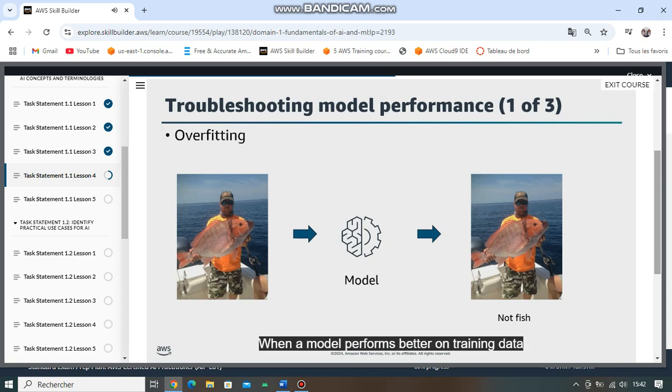When a model performs better on training data than it does on new data, it is called overfitting, and it is said that the model does not generalize well. The model fits the training data too well. So when it sees something slightly different, it thinks the probability is low that it is a fish.